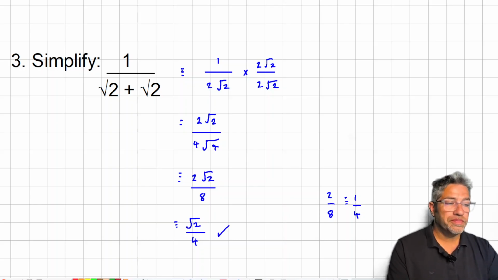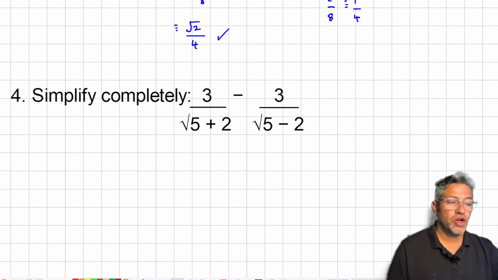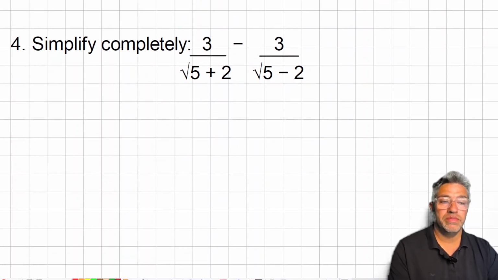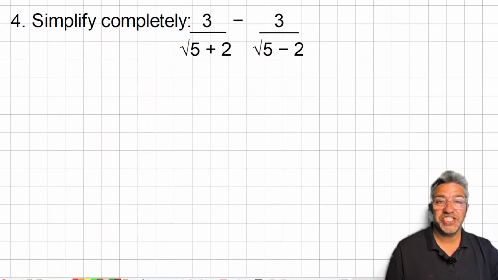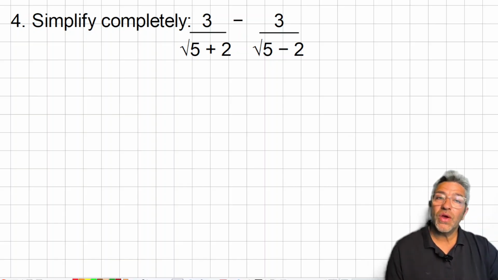Question 4. A much more complex looking problem, but essentially this calls into question your ability to add and subtract fractions. Most notably, when we add and subtract fractions, what do we need? We need a common denominator.